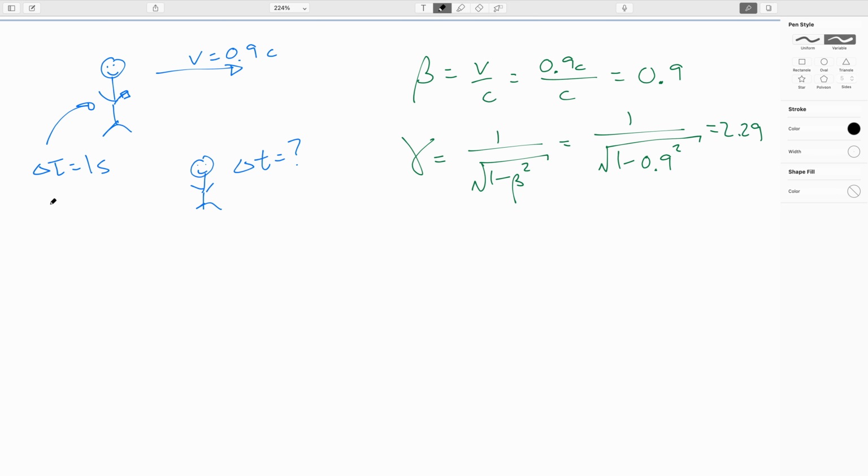So that does indeed assure us that yes, the watch is the proper frame here, and you looking at the watch move, that's going to be the dilated frame. So delta t equals gamma delta tau. So this will be 2.29 times the 1 second between ticks, or 2.29 seconds.